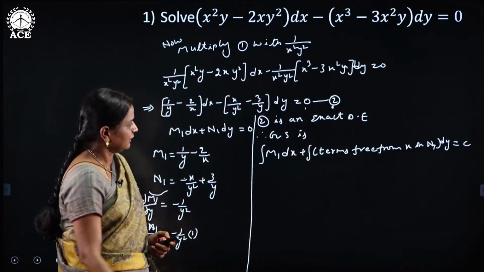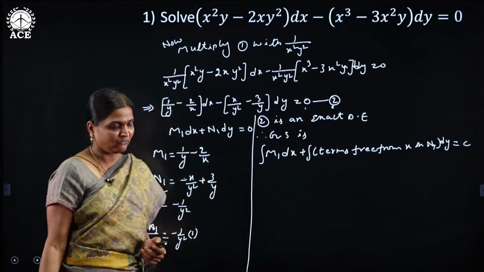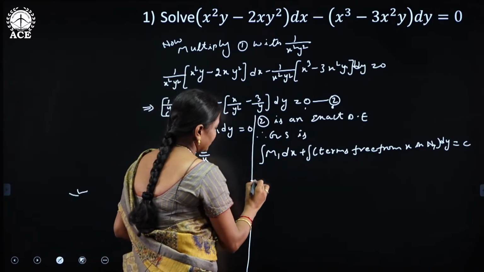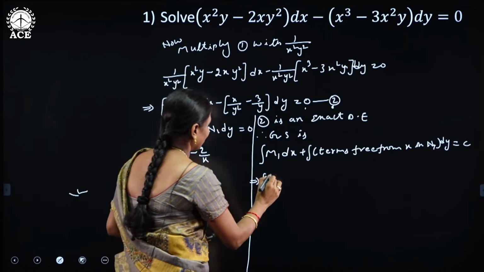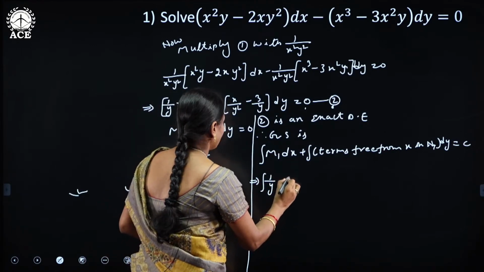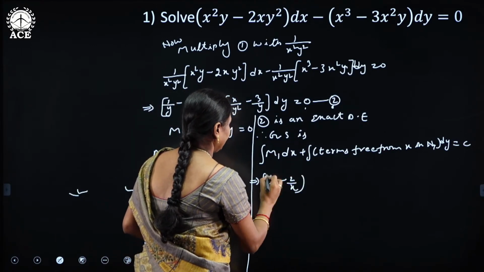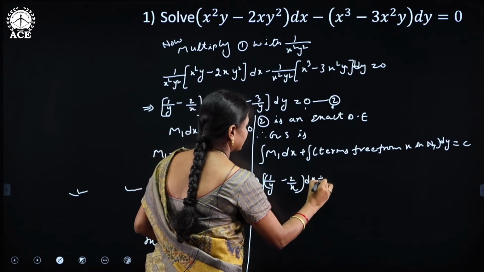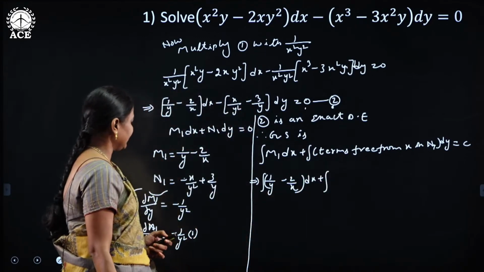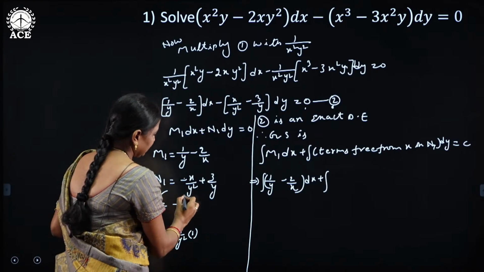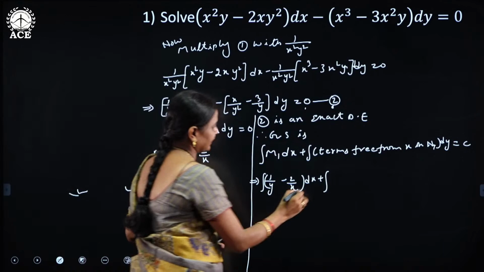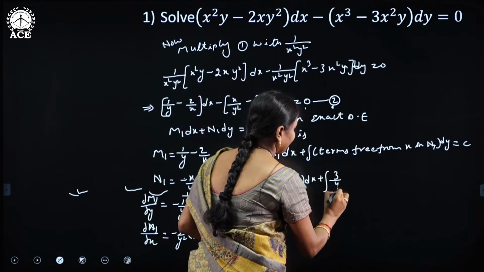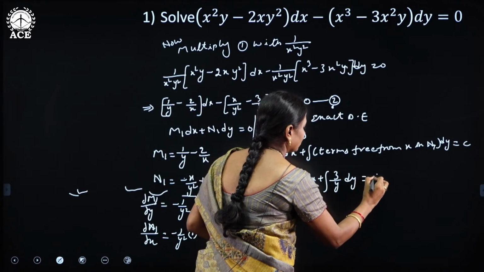Write the formula using the new differential equation. What are the terms of M1 here? The terms of M1 are (1 by y minus 2 by x) dx plus the terms free from x in N1. Here there is an x term, and this is the only term which is free from x, that is 3 by y dy is equal to c.